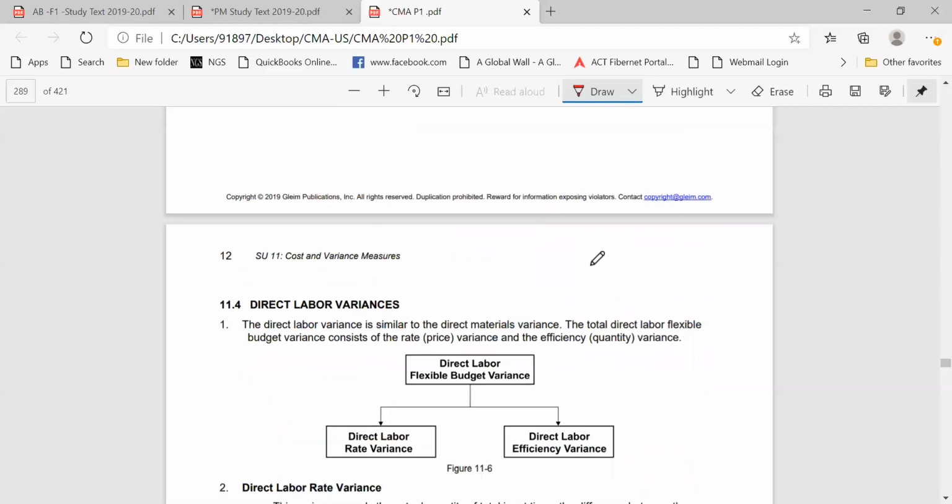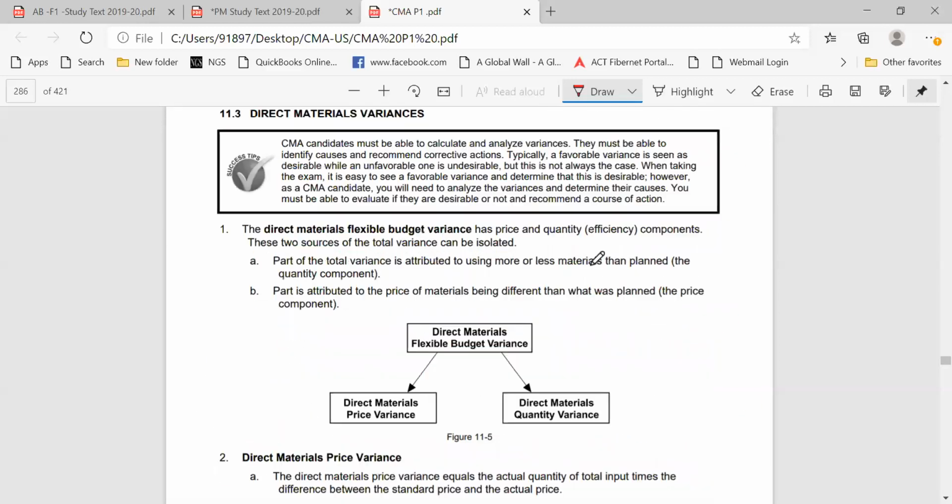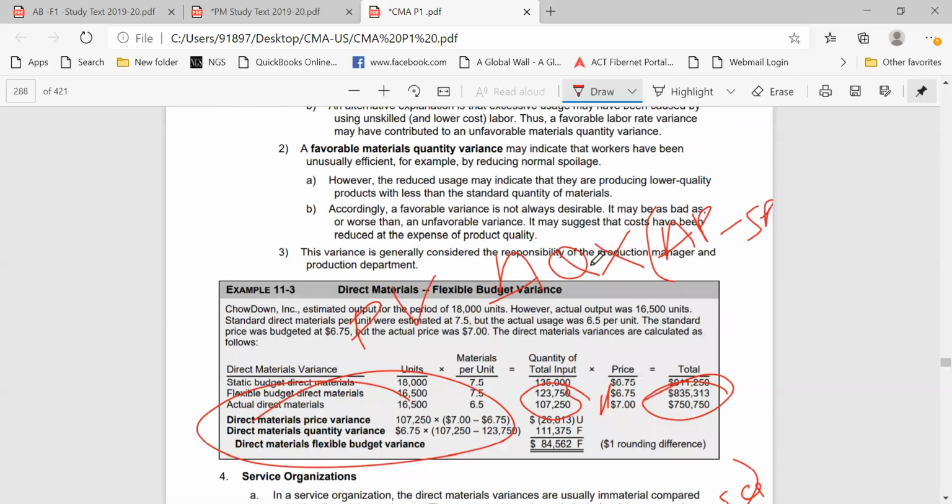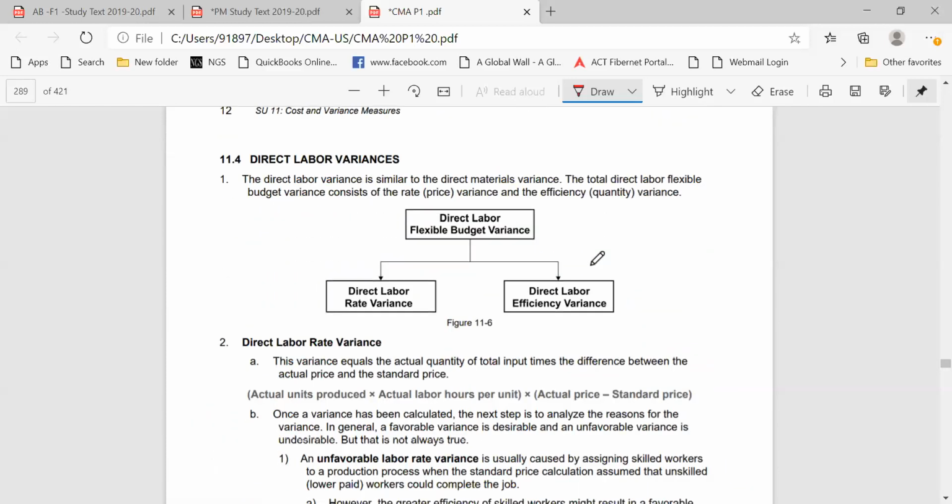As you can see here, it says direct material price variance, and here is labor rate variance and labor efficiency variance. The same goes on. Labor rate variance is nothing but the actual rate minus the standard rate multiplied by the actual hours worked. Get this right.